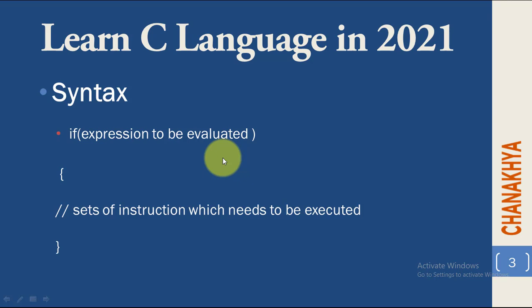The body of the if is only executed when the result returned by the evaluation is Boolean true. Only then will these instructions get executed. Otherwise it doesn't have any effect on the program.